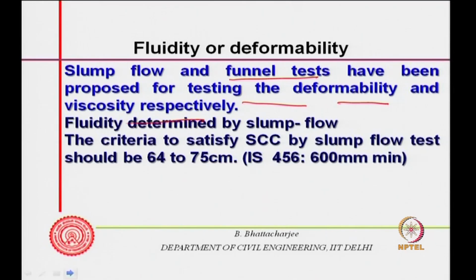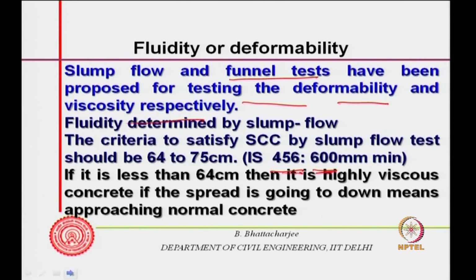The criterion to satisfy self compacting concrete by the slump flow test should be 64 to 75 centimeter slump flow. IS 456:2000 of course defines 600 mm minimum flow to qualify as self compacting concrete. So, this determines fluidity. Now, how does it do it? I will come to this.